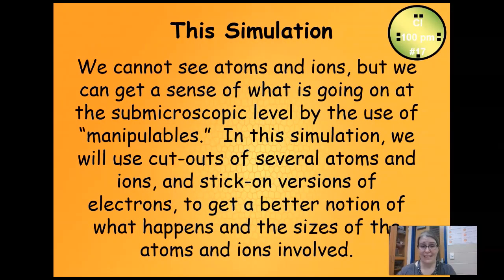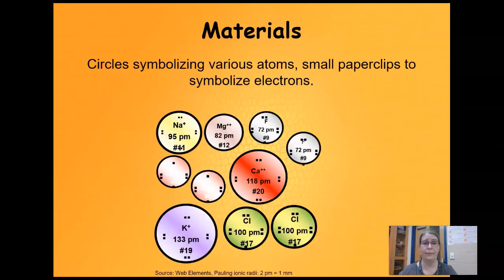So since we can't see atoms and ions and electrons, we're going to scale it up by about a billion jillion times to use some manipulables. We'll have some atoms and some electrons so we can hold them, touch them, feel them, and get a better notion of what happens when we form an ionic compound. So we have our various atoms, and we'll also have some small paper clips. And those small paper clips are going to be used to symbolize electrons.